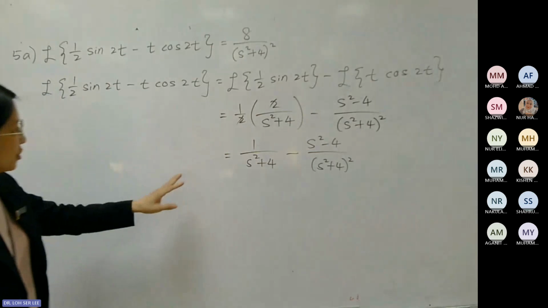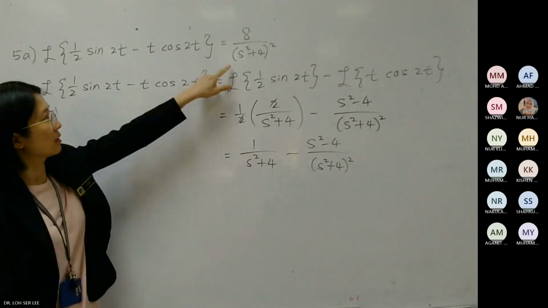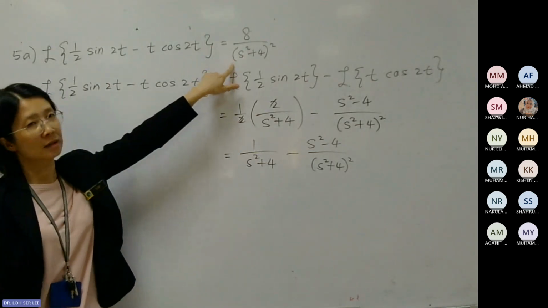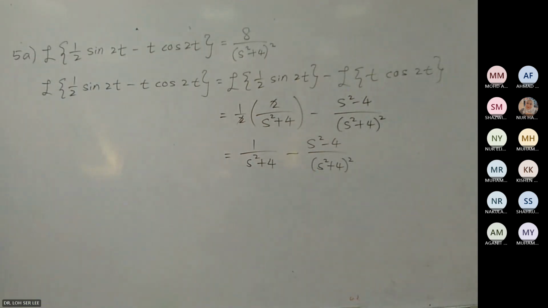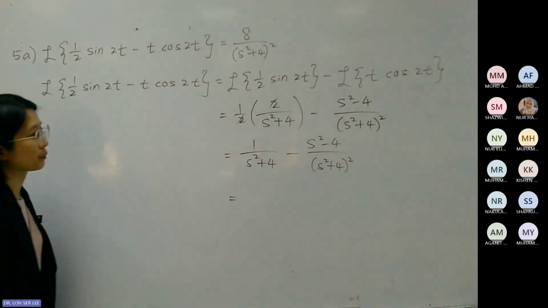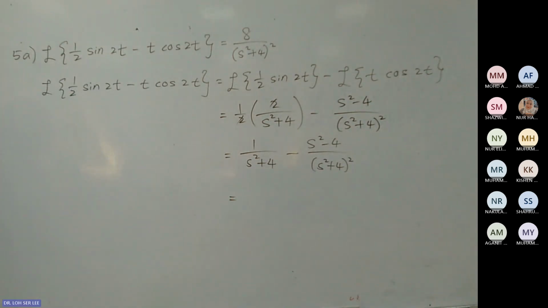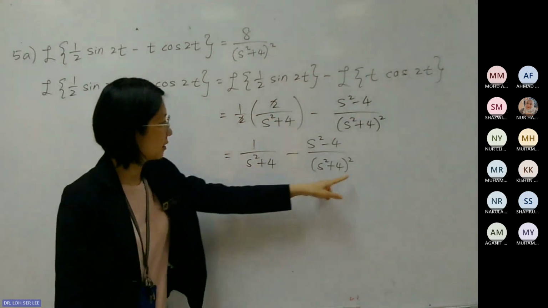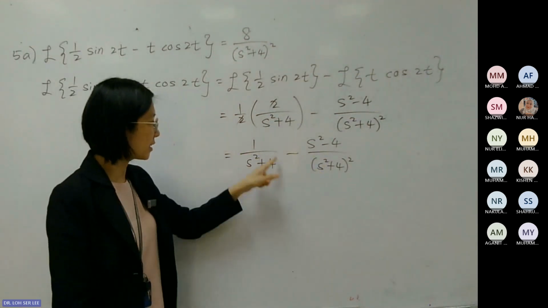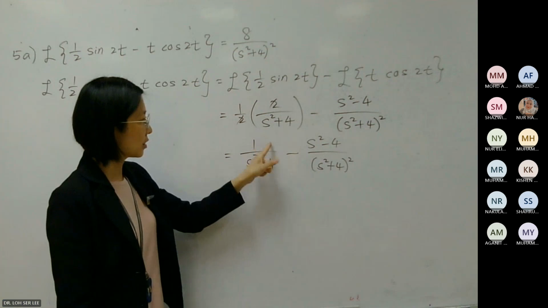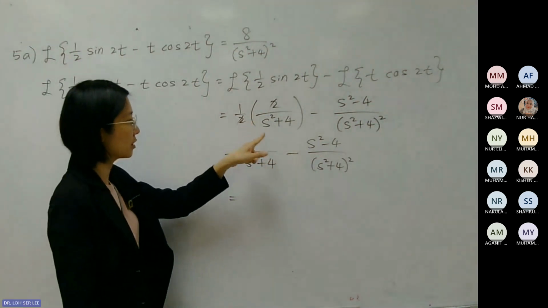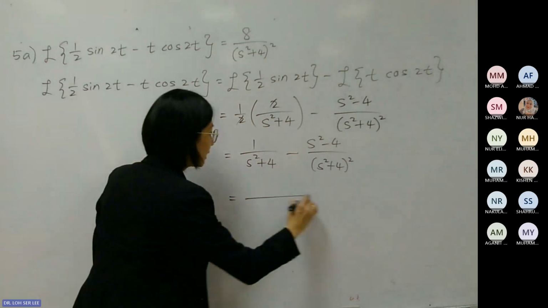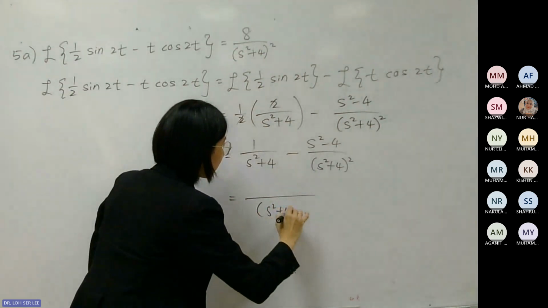But we want to prove this. If we want to prove this, you have to combine these two into one. So how to combine? This is not the same, right? You need to multiply the s squared plus 4 to the top and bottom so that their bottom functions are the same.